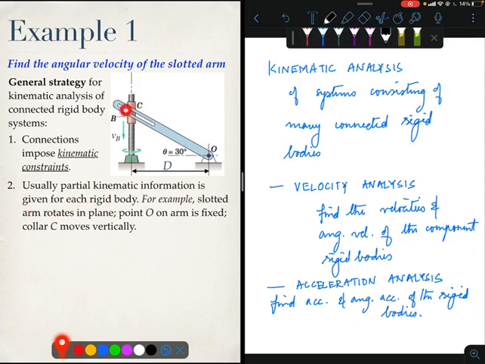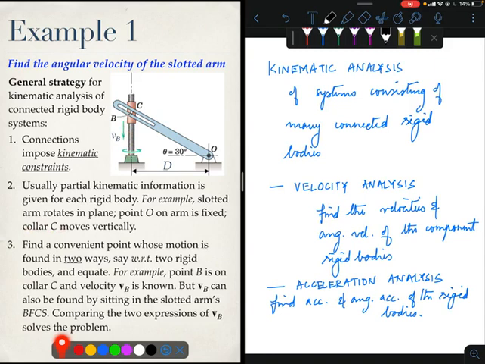So for the slotted arm, we know that it can move only in the plane. I never said this is a 2D problem, it could be a 3D problem, but from the figure it is clear that the slotted arm can move only in the plane. The point O of the arm is fixed to the ground, has 0 velocity, and the collar C is constrained to move vertically up and down.